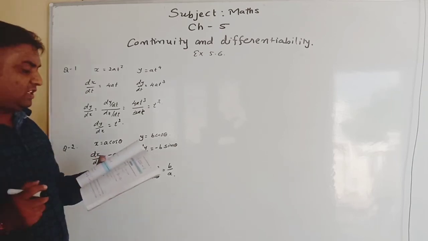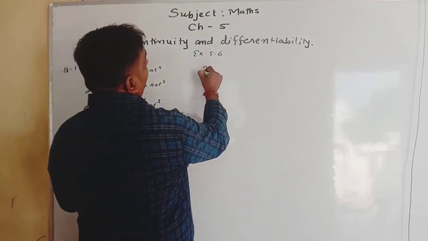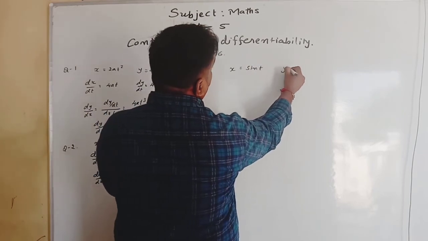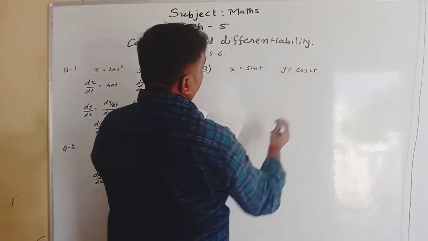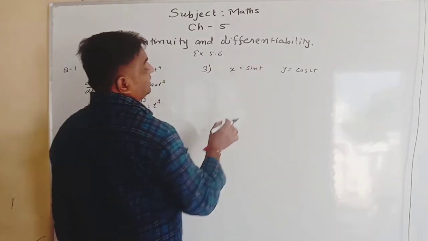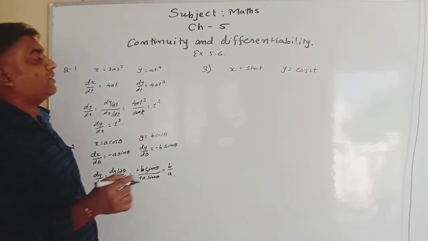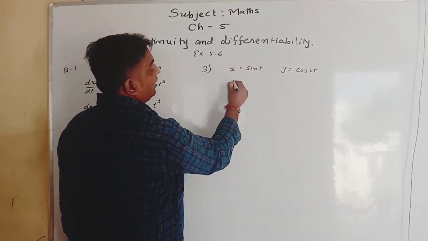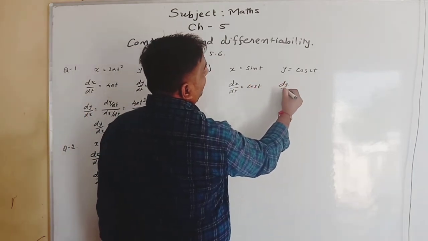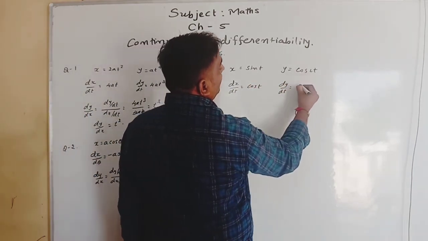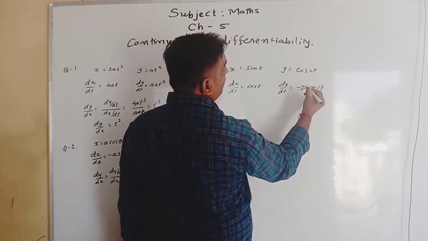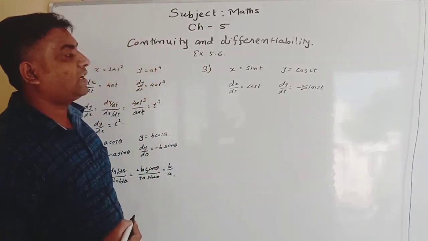Now third question is given x equals to sin t, y equals to cos 2t. So here parameter t is given, so with respect to t we take the differentiation of x and y, and dx by dt equals to cos t and dy by dt equals to cos 2t differentiation minus sin 2t, and 2t differentiation by chain rule 2, and so minus 2 sin 2t.